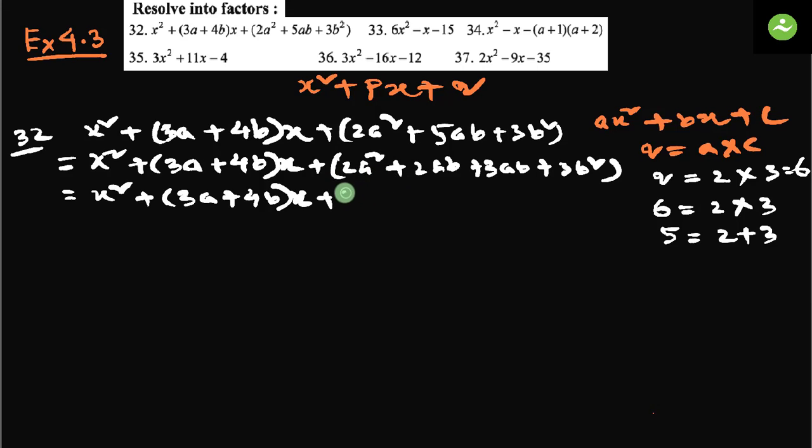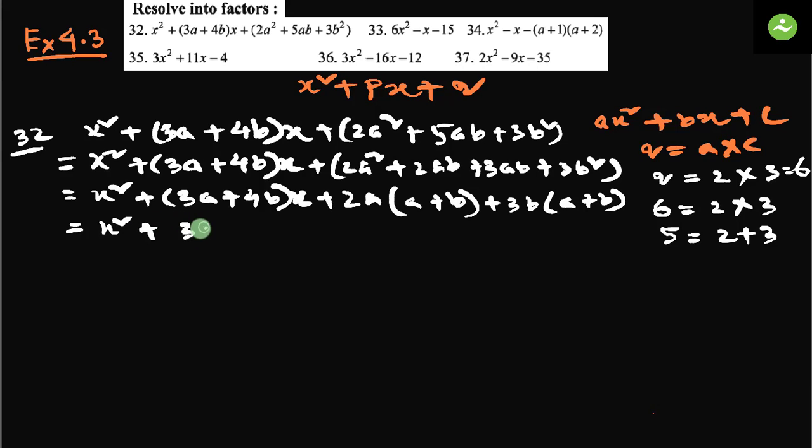We can take 2a common. 2a into (a plus b) plus, what do we take common here? 3b into (a plus b) equals x squared plus (3a plus 4b) into x plus (a plus b) into (2a plus 3b).